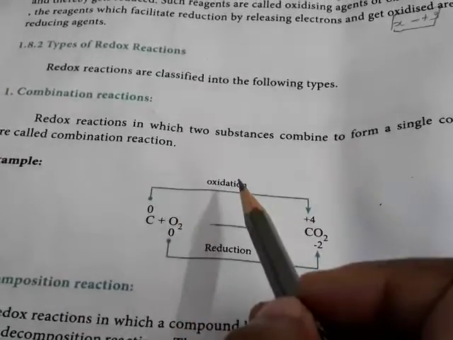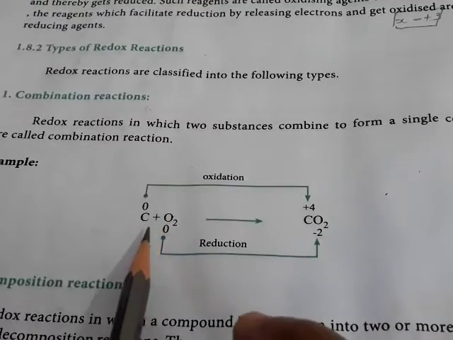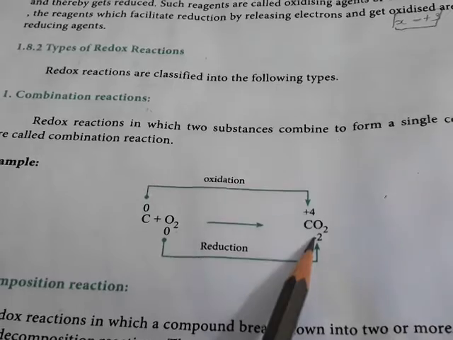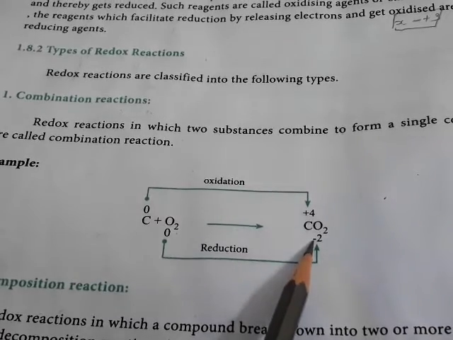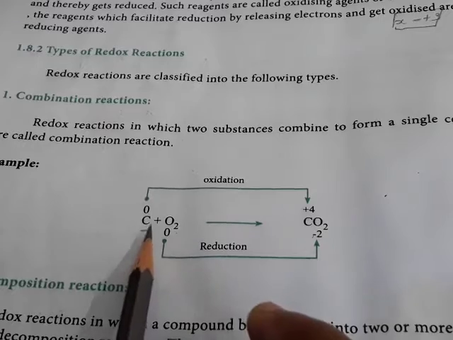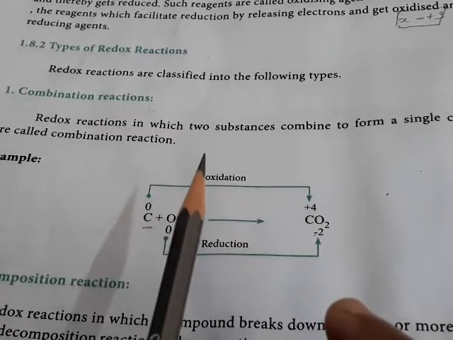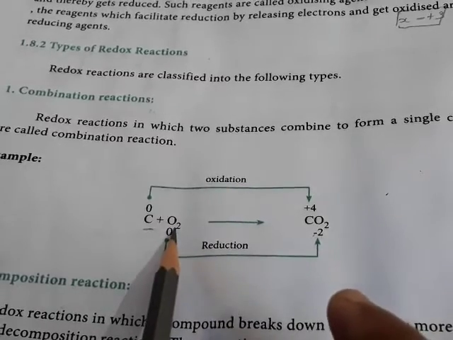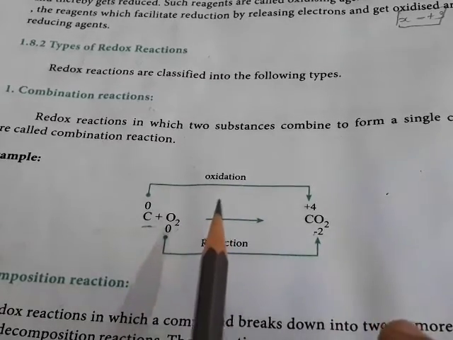Here you see an example of the combination reaction. Carbon reacts with oxygen to form carbon dioxide. Already you know carbon is a single element, and a single element always has an oxidation number of 0. Oxygen is also a single element, so its oxidation number is 0.